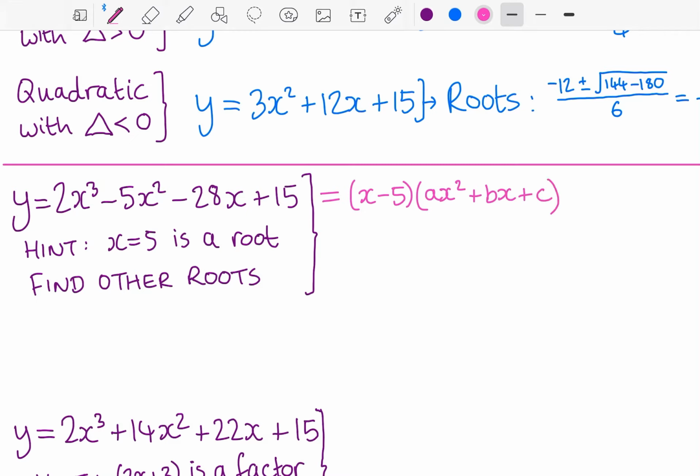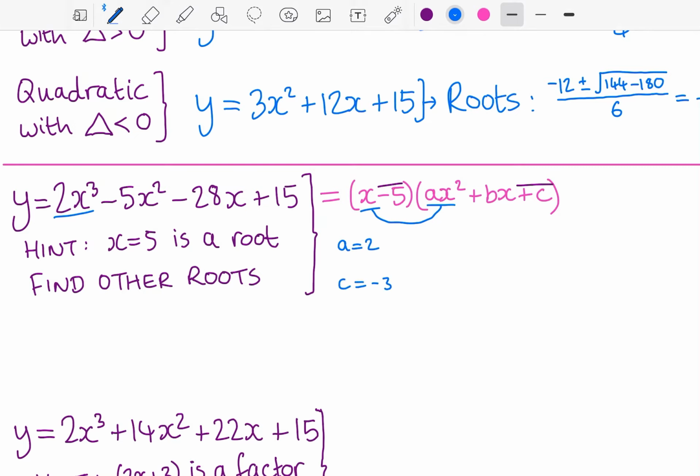That's fairly simple. And well, you could do the cubic divided by x minus 5 with some kind of long division or synthetic division. I prefer to go for more of a comparing coefficients route. I look at this and think x times ax squared needs to be 2x cubed. So what would a need to be? 2. Minus 5 times c needs to be 15. So c needs to be minus 3.